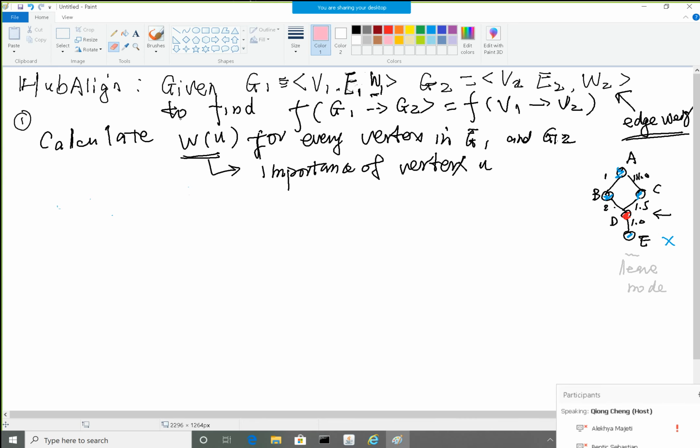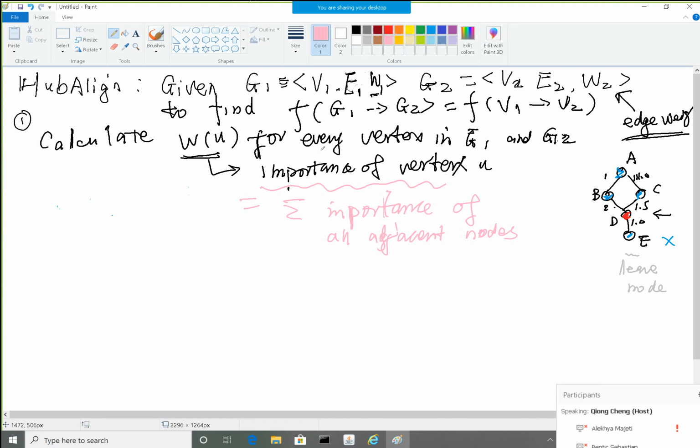To calculate this importance, this one is equal to what? Equal to the importance of all adjacent nodes.